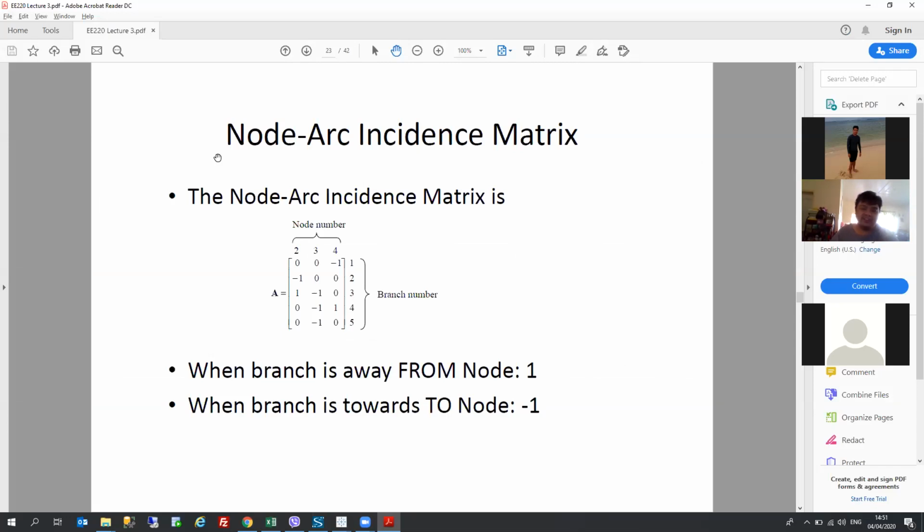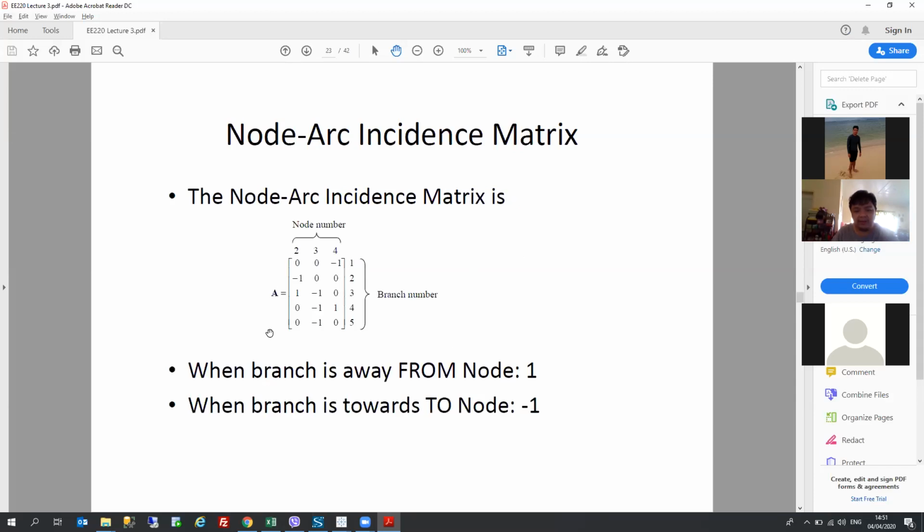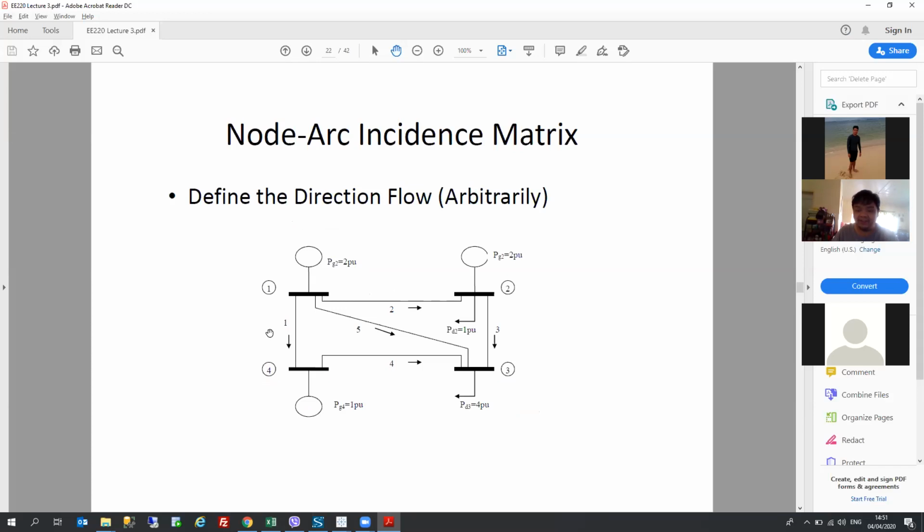Okay? So balikan natin to. So for line 1, ito yung magiging row number 1 natin. It is between bus 1 and bus 4. So sabi, pag from, +1, pag towards, -1. So galing bus 1 towards bus 4.